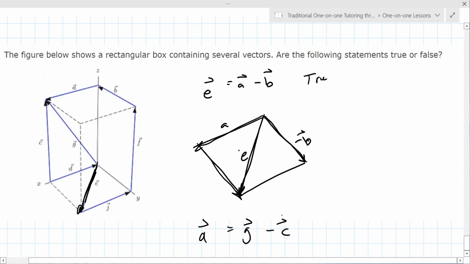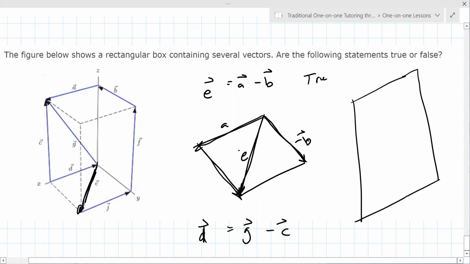So it says, is D equal to G minus C. So where's G? There's G, G's there, minus C. Okay, so it's like you're on the side of this thing. There's G, and then instead of going C up, you go down.